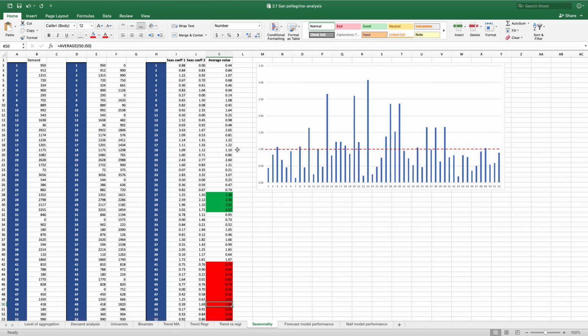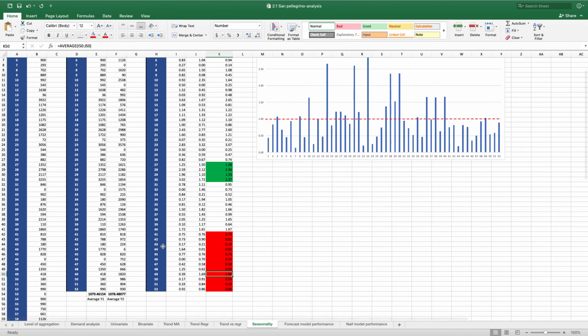So if you want to give an input to your forecast model, this is what you should say: from week 27 to week 30, values are usually higher than the average, while from week 41 to week 52 you have values that are systematically lower than the average value of the demand.